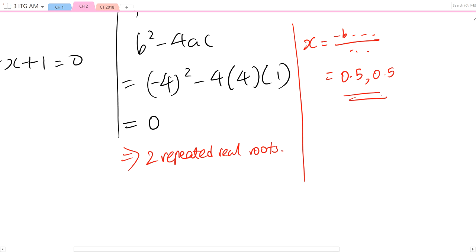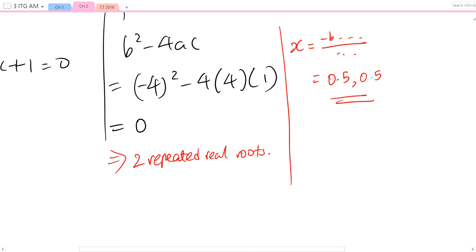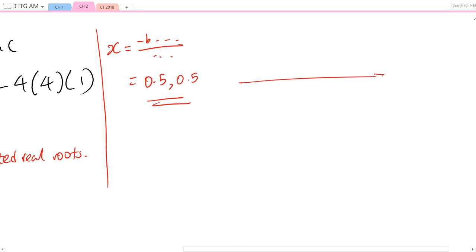So they are repeated. What do you think the graph looks like? Opening upwards. So like this. How about like this? Must be just touching, right? Okay, just touching over here.